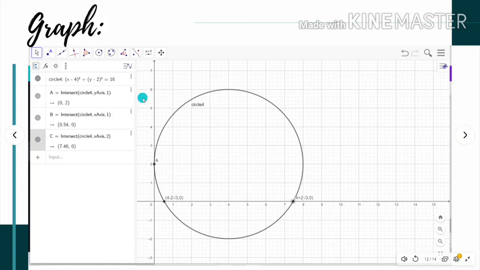You may notice that our circle here intersects the y-axis at this point. Also, we have here our x-intercepts, points B and C. The coordinates of B are (4 minus 2 square root of 3, 0), while for C, we have (4 plus 2 square root of 3, 0).